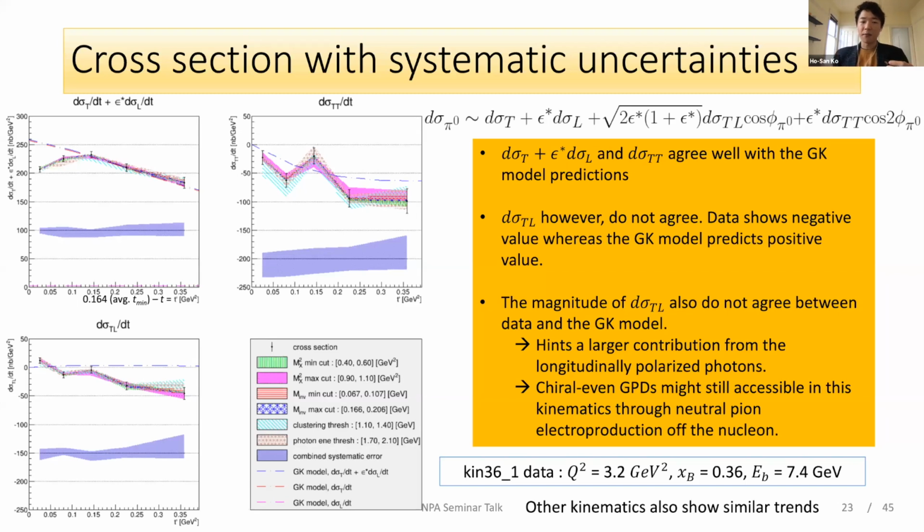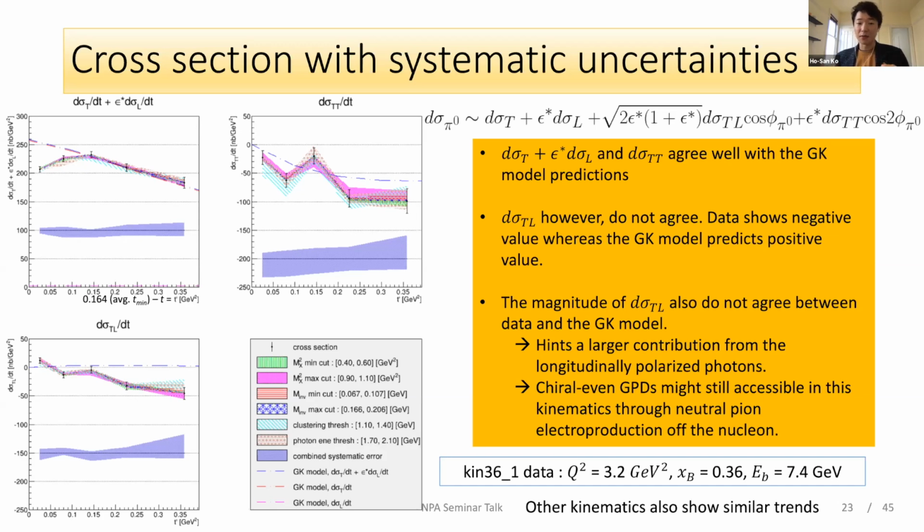And thankfully, the model prediction also agrees well with sigma TT, but the sigma TL term, however, does not match with the data, which hints there's a larger contribution from the longitudinally polarized photon than the model predicts.